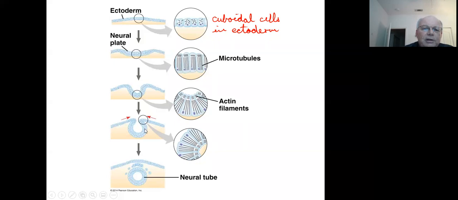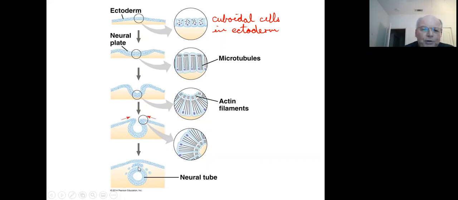The continued rearrangement of the cytoskeleton in all the cells that will ultimately compose the neural tube give rise to the completed neural tube. Cells from the ectoderm then break off and migrate inwards to form the neural crest cells that you can see here.